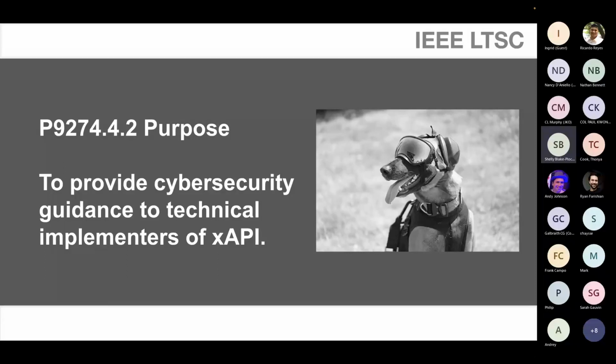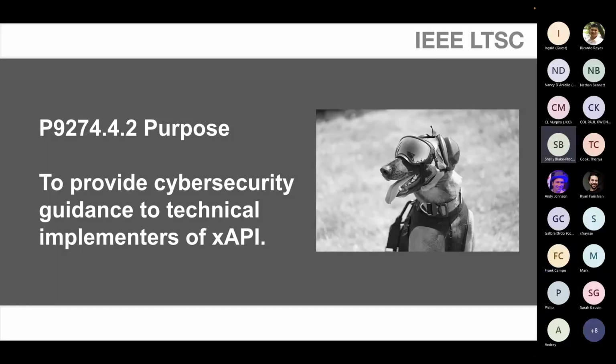It will document how secure xAPI implementation fits into the broader category of best practices in cybersecurity. It will discuss xAPI-specific cybersecurity best practices and provide use cases to illustrate cybersecurity practices related to these implementations.